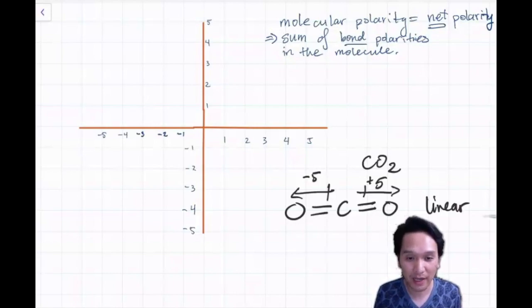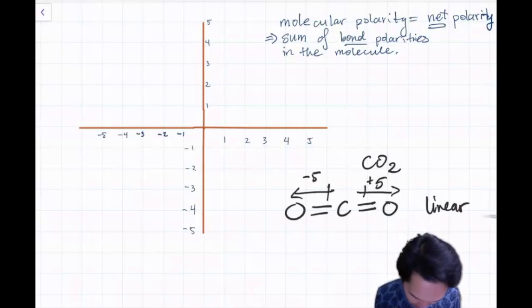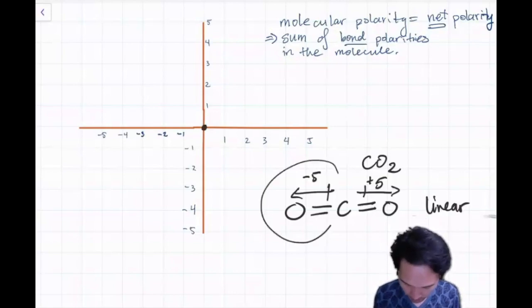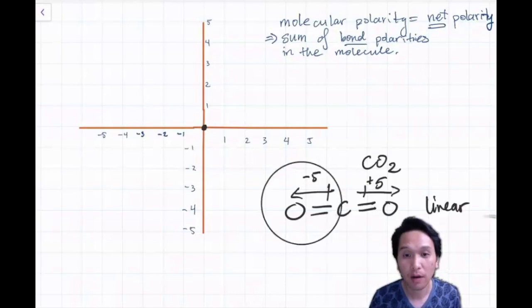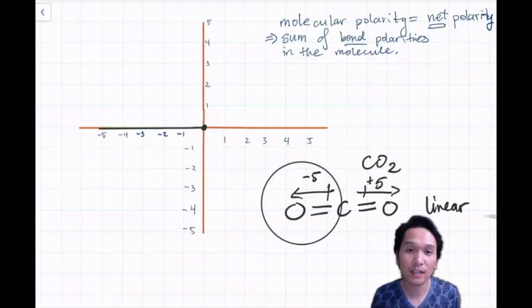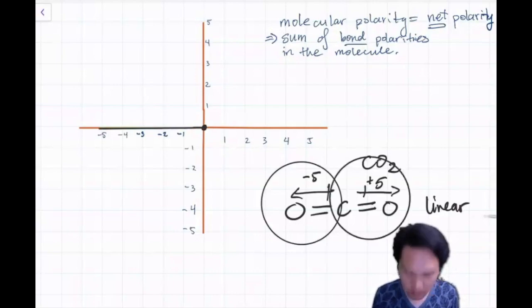Another way of thinking about that graphically is, you start at 0, okay? You add 1 bond first, so from 0 you go to negative 5. You're there, right? So that's 1 bond. Now let's add the second bond.